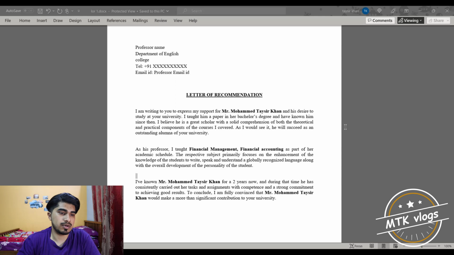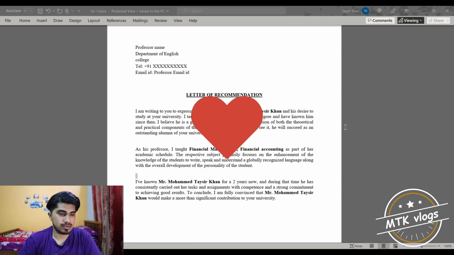In the first two paragraphs, the faculty is trying to explain and introduce what type of student you are, what knowledge you have, and which subjects you are good at. If you are writing this LOR by yourself, it is recommended that you mention which program you want to go for, the key courses you have, and the courses you studied in your bachelor's.